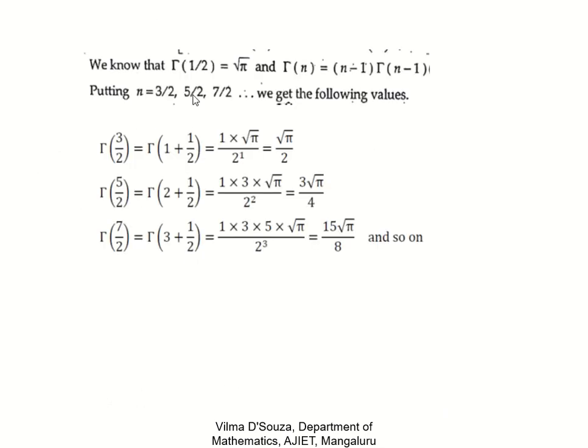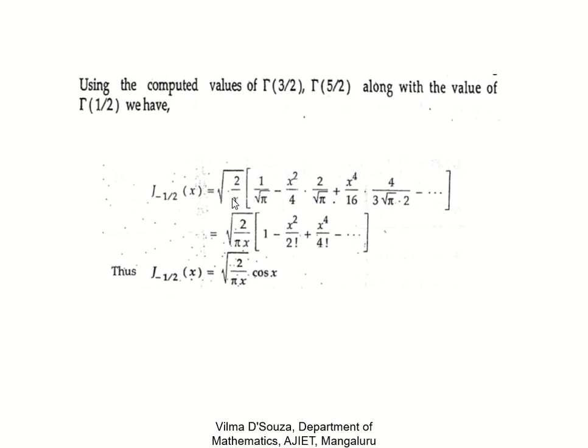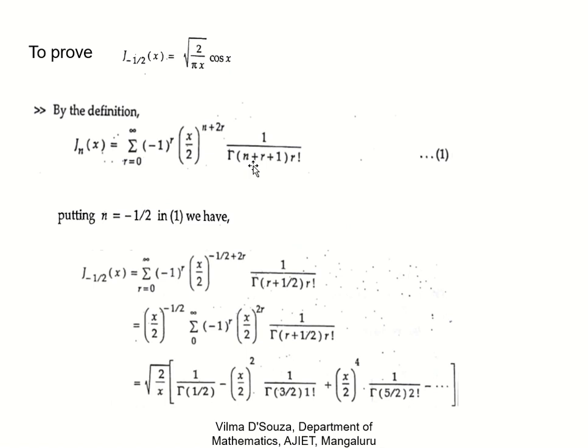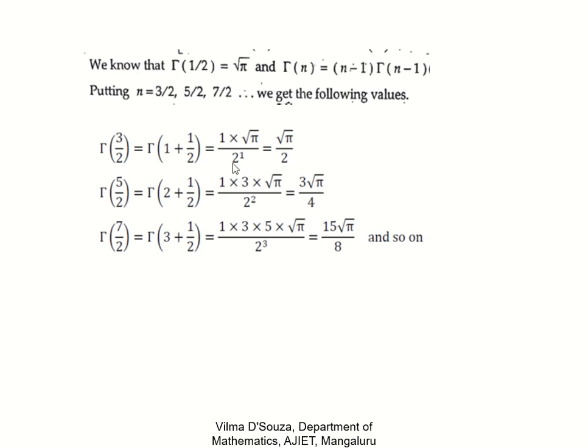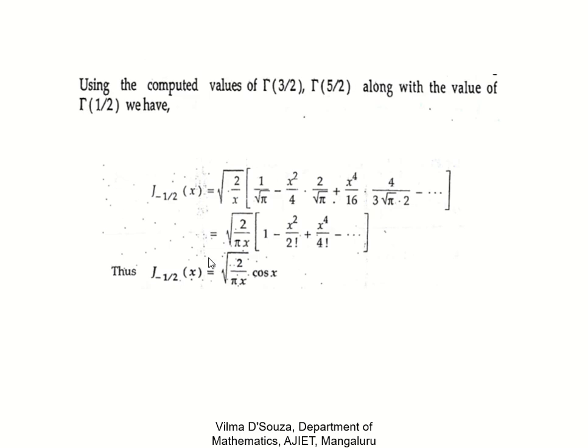So again, this we have seen, the same thing. Go through this again and substitute. J minus half of x: root 2 by x, 1 by gamma half, that is root pi; gamma 3 by 2 is 1 by 2 into root pi; gamma 5 by 2 is 3 by 2 into 1 by 2 into root pi, and so on.